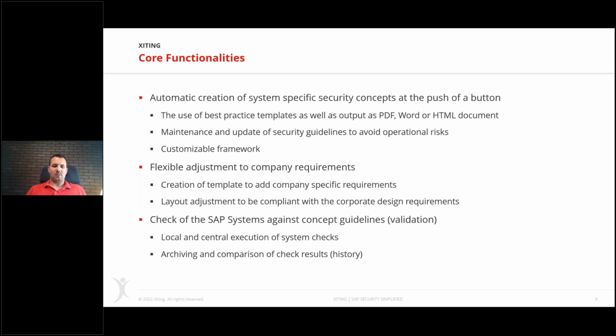Obviously, that's just one of many examples of the many checks that we have available, and that's also part of the core functionality of the Security Architect. All those checks we can run ad hoc, which I will show in the demo. We can also run them recurring, once a week, once a month, or on a daily basis, to see what's going on in my landscape. That's important.